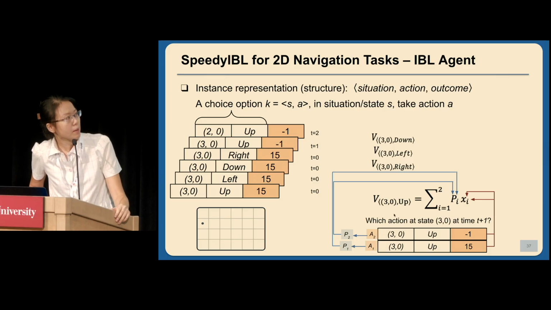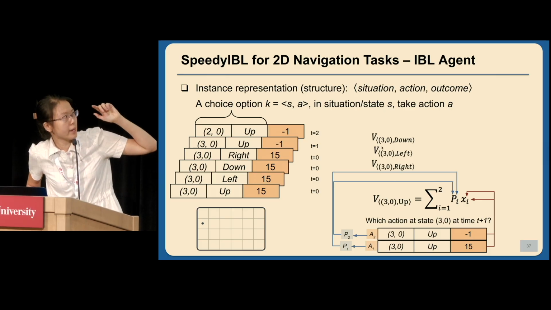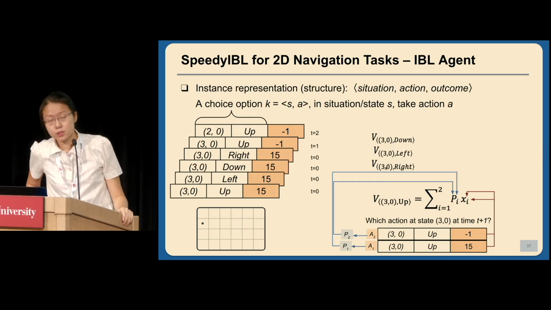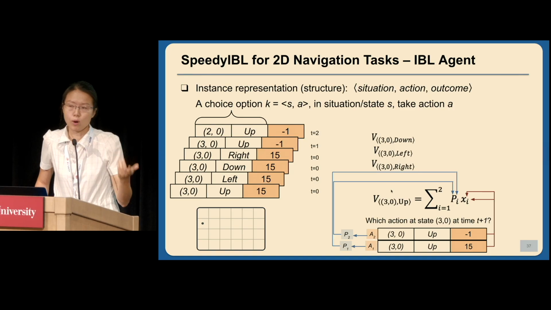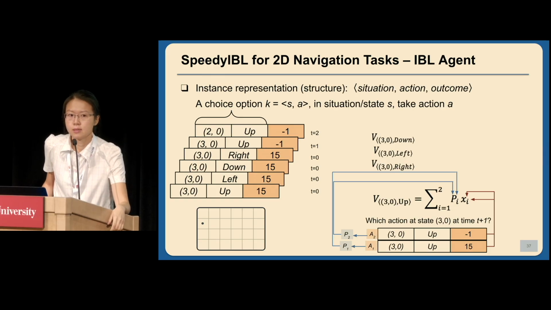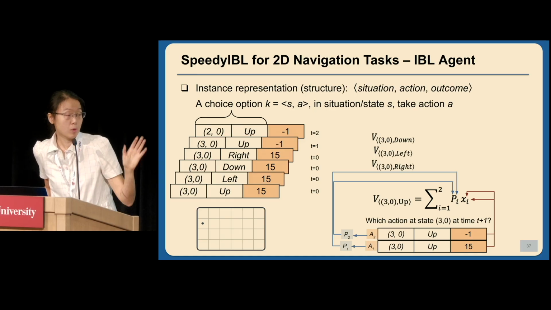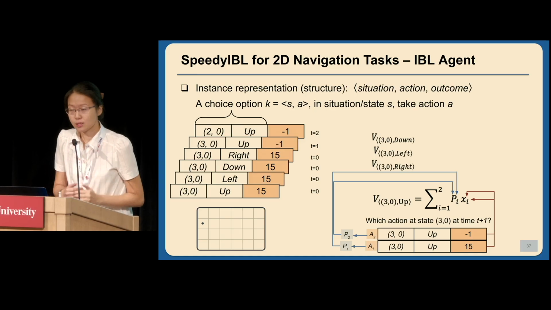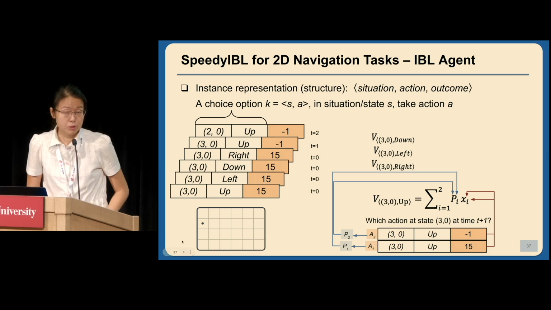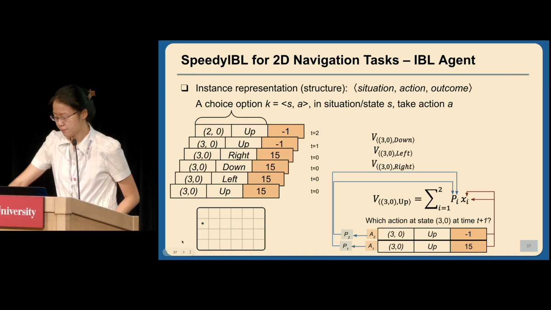So the agent's gonna compare the blended values for all the choice options, take the one with the highest blended value, and make the decision. Okay. So that is how the agents make decisions in this grid world, which is a two-dimensional grid world.